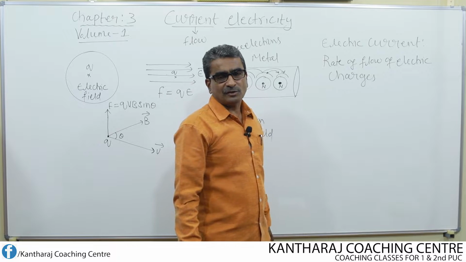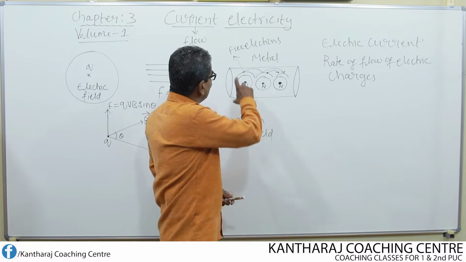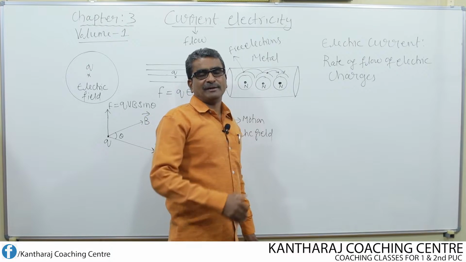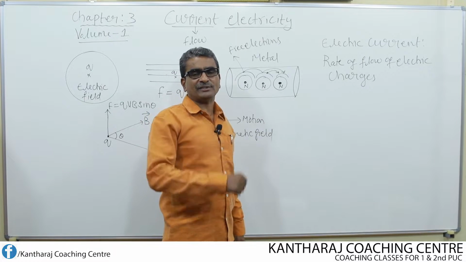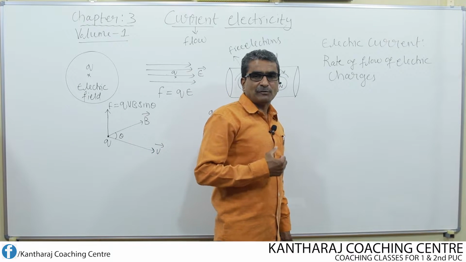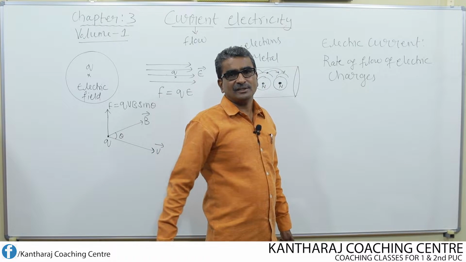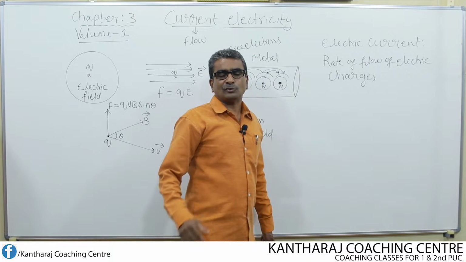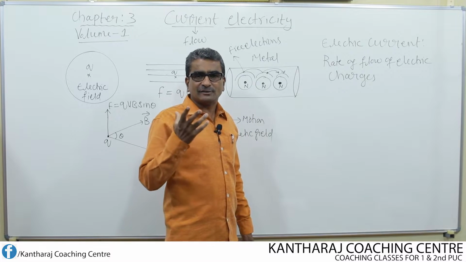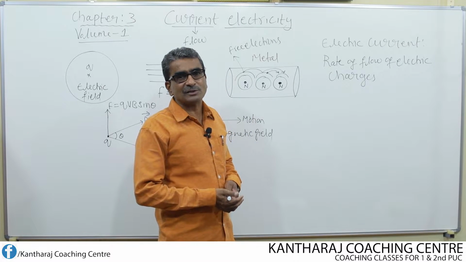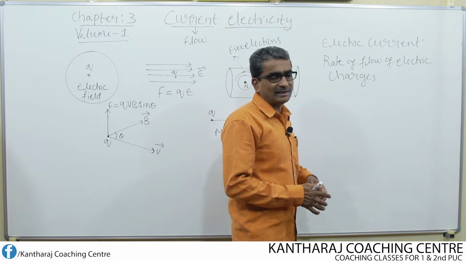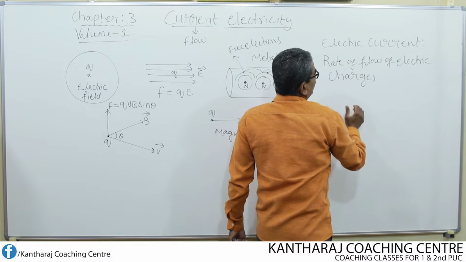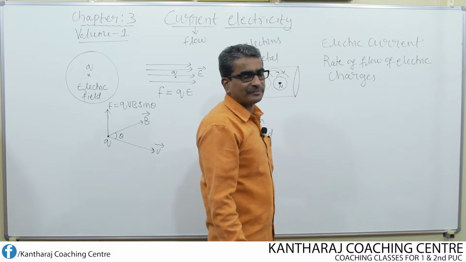The charge may flow either in a metallic conductor or inside a chemical solution, that means through electrolytes, or the charges may flow even through gases. So flow of electric charges through metallic conductors, through electrolytic substances, and also through gases always gives rise to current, and that itself is nothing but electric current. So current flow, electric, means related to electric charges.